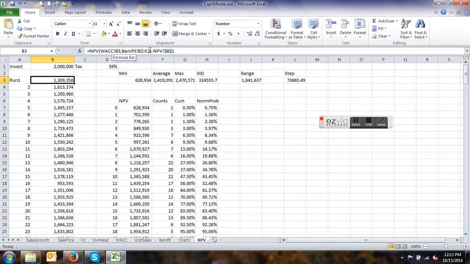And then we're going to subtract the net present value of the investment, which is right up here. Now I'm doing a single investment. You're responsible for doing the capacity balanced investment scheme. So you're going to have some up front, and then after year 5 and year 6, you're going to have a negative cash flow associated with the increase in plant capacity.